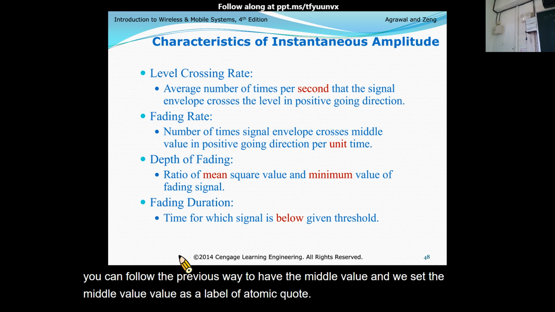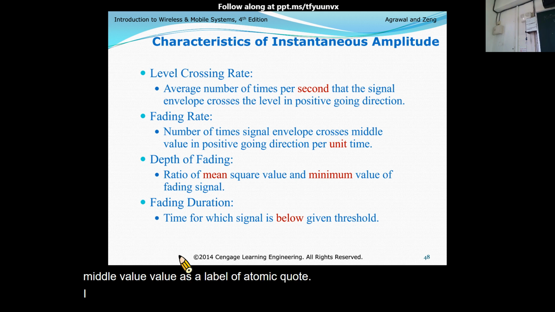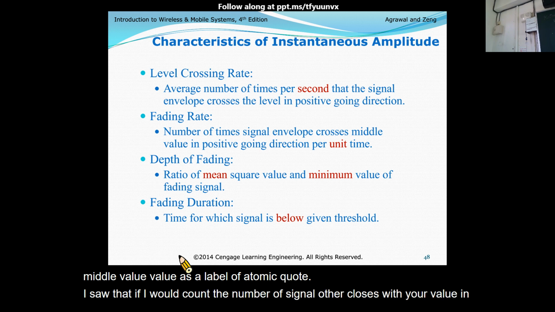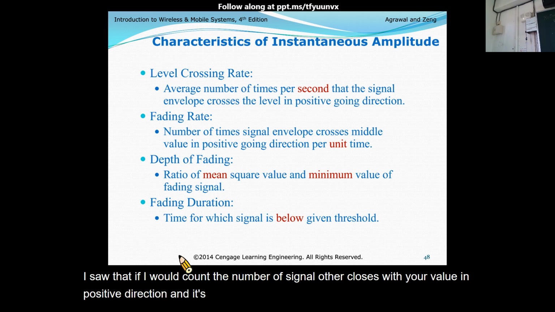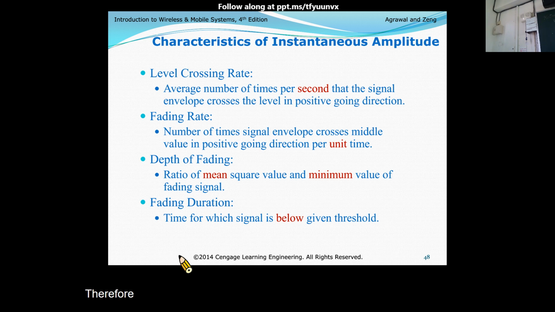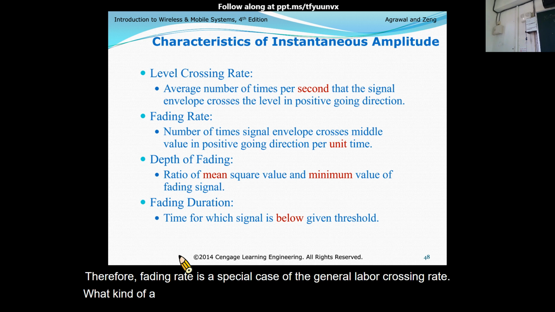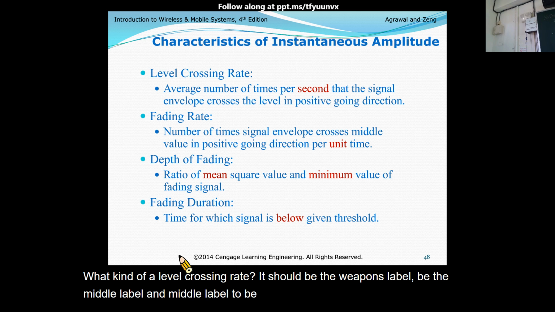If we count the number of times the signal envelope crosses the middle value in the positive direction, it is called the fading rate. Therefore, fading rate is a special case of the general level crossing rate, where the reference level is the middle level.